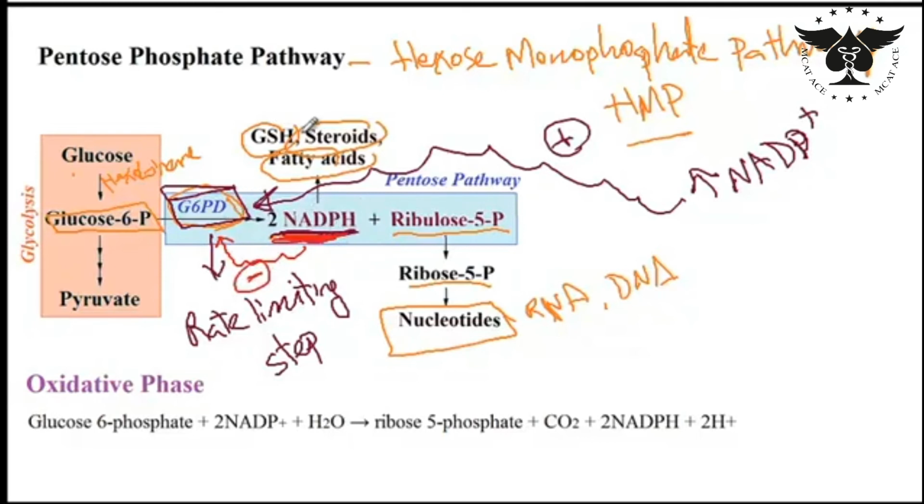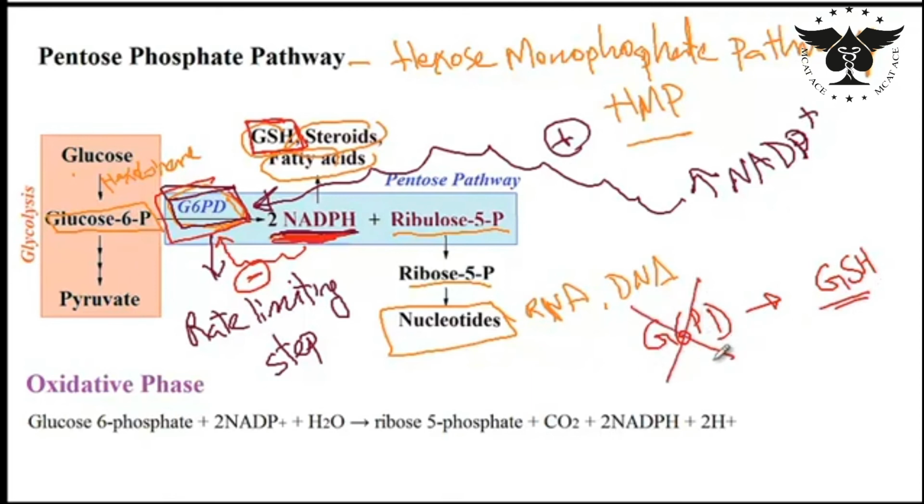Now, if you've noticed, the reduced form of glutathione is being produced via the G6PD reaction. So glucose 6-phosphate dehydrogenase is required for production of GSH, which is the reduced form of glutathione that is helpful in defense against reactive oxygen species. So what happens in patients who don't have this enzyme?